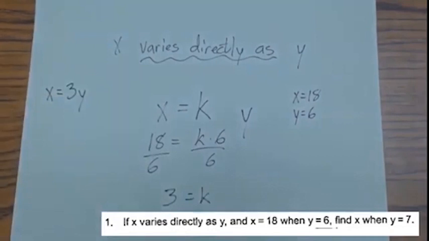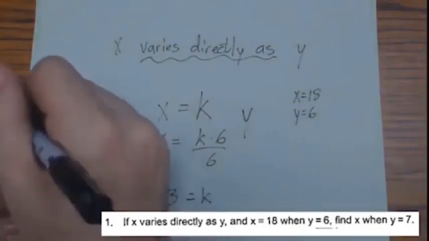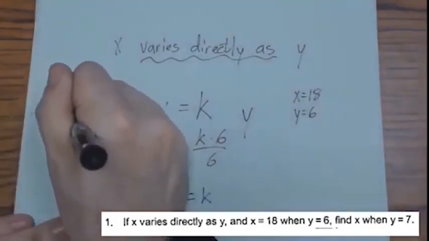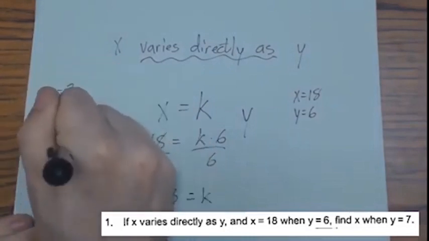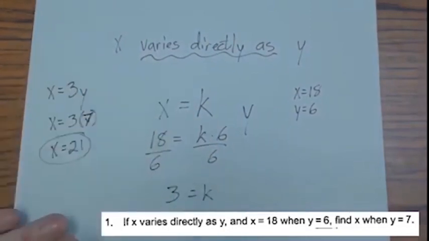And we use this now to finish the problem off. Find x when y equals 7. So plug 7 in for y. And we get that x is 21.